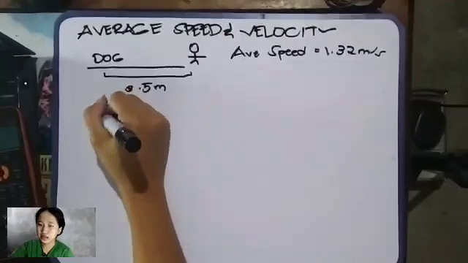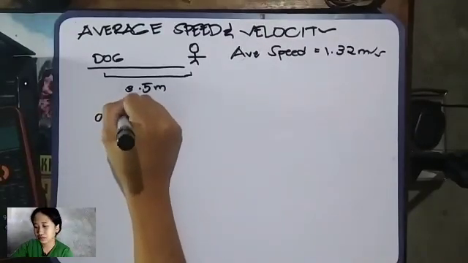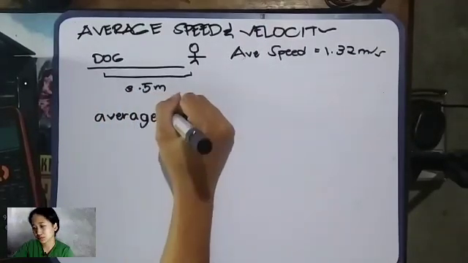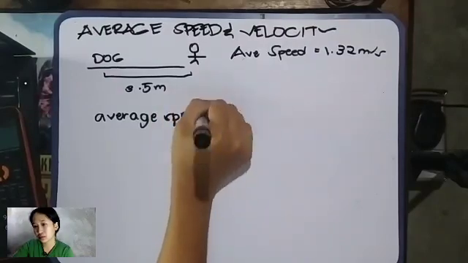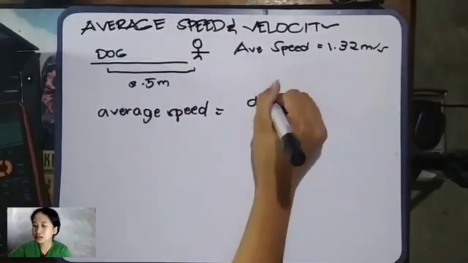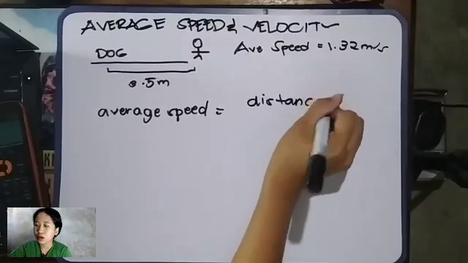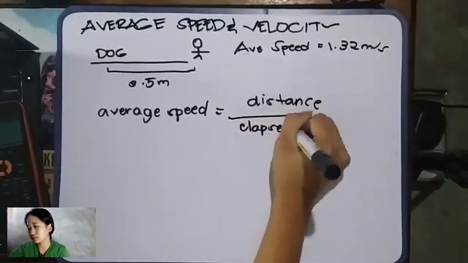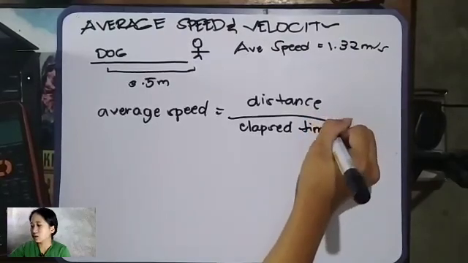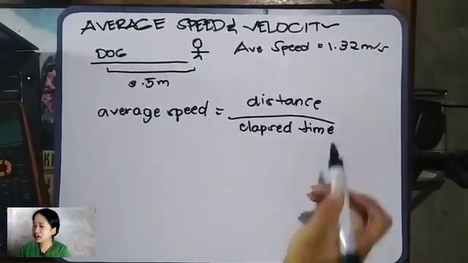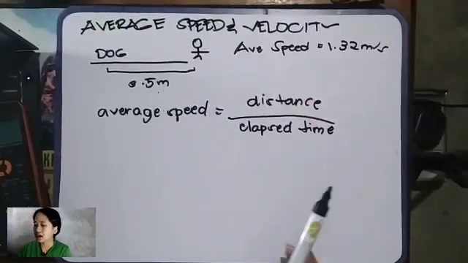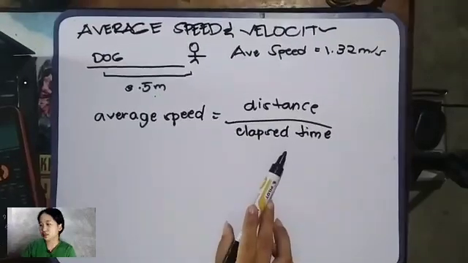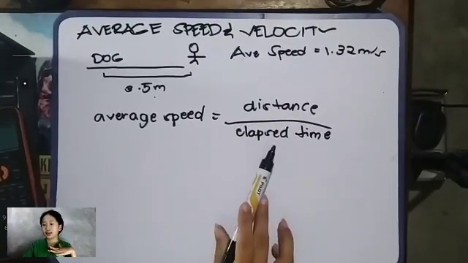So, ang formula natin is average speed is equal to distance all over elapsed time. So, mapapansin nyo, di ba? Meron tayong average speed and distance. And ang wala tayo is elapsed time, pero nandito siya under ng distance.